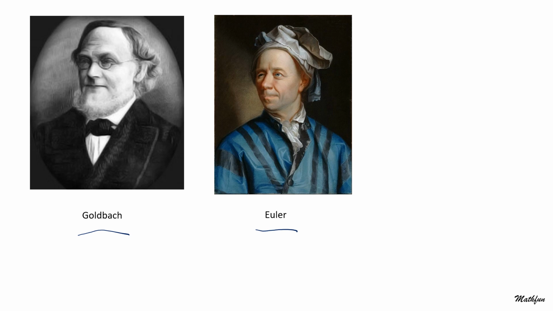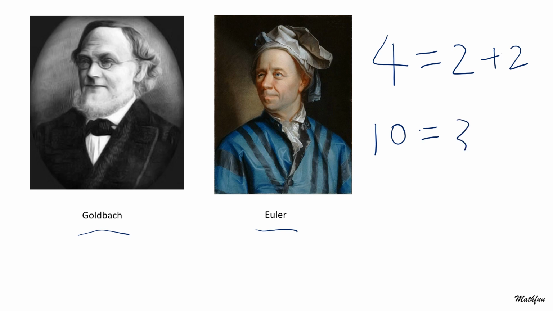His conjecture said this: an even number bigger than or equal to 4 can be expressed as the sum of two prime numbers. For example, 4 equals 2 plus 2, and yes, 2 is a prime number. Or let's say 10 equals 3 plus 7, or 5 plus 5. So you can have multiple ways, as a matter of fact.